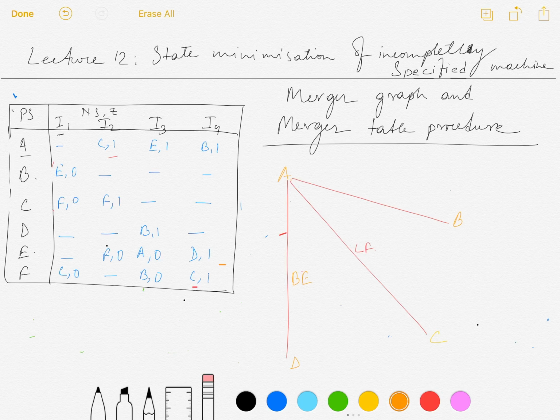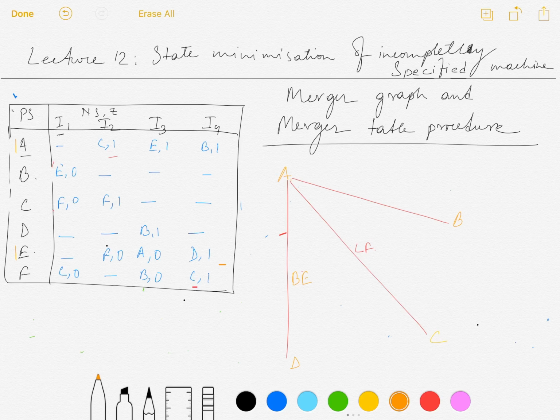Now, let us check the compatibility for A and E. For AE, for I1 the output is the same, for I2 the output is the same, for I3 the output is specified and it is also the same, and for I4 the output is the same.